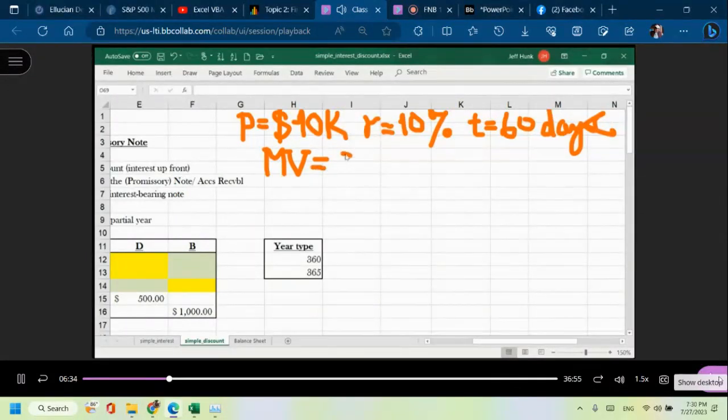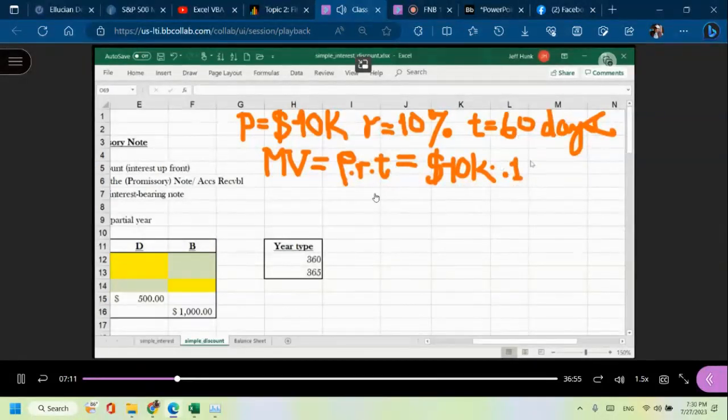Maturity value will be, we all know, principal times R times T, and this T is in years, right? So the maturity value will have to be 10K. This one is only interest. 0.1. It's only interest, right?